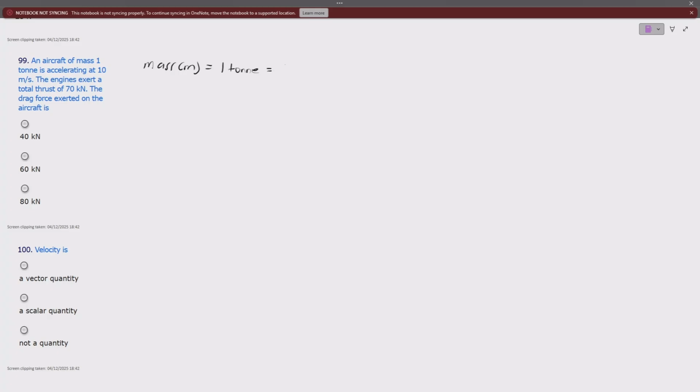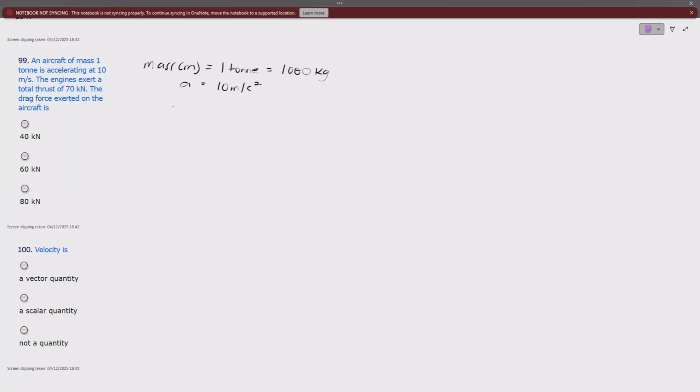That is 1,000 kilogram. You have the acceleration. So when you look at the question carefully, the unit for acceleration was wrong. It's supposed to be 10 meters per second squared.